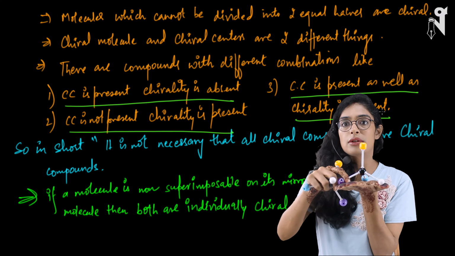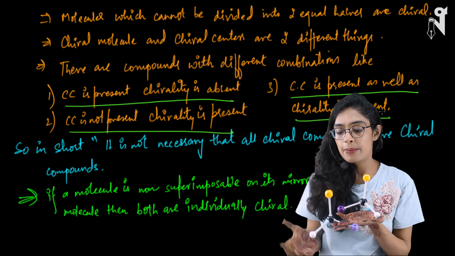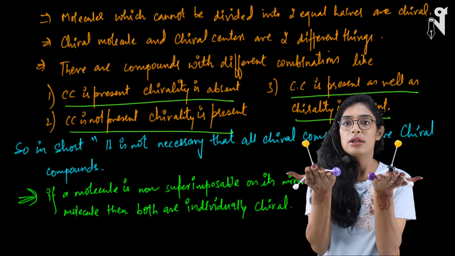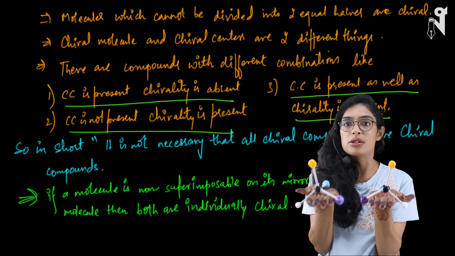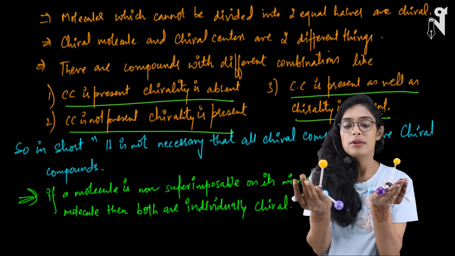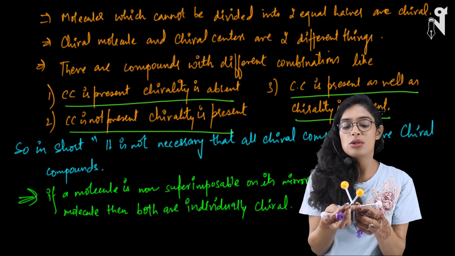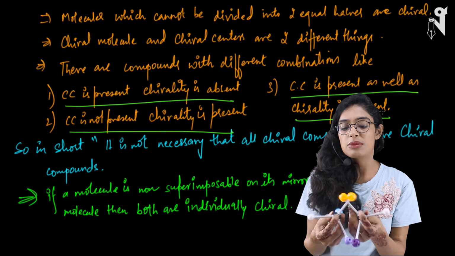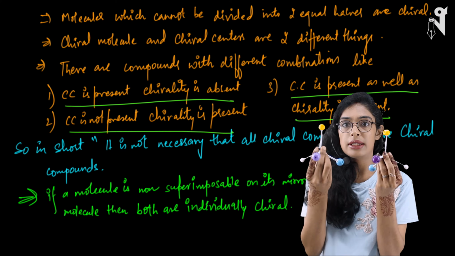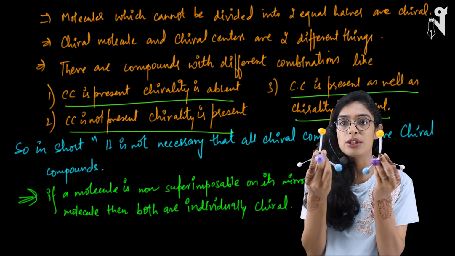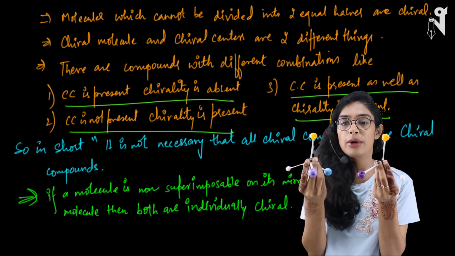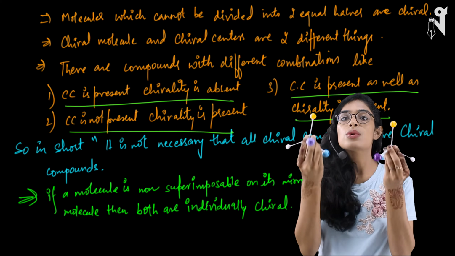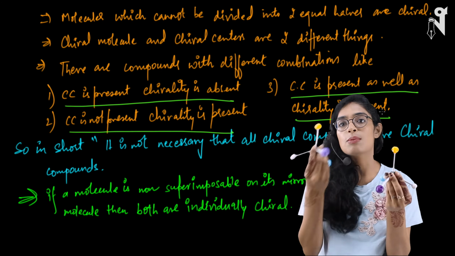So these two are mirror images of each other. Let me hold it in such a way that it becomes clearer. Now you try to superimpose this mirror image on this molecule.